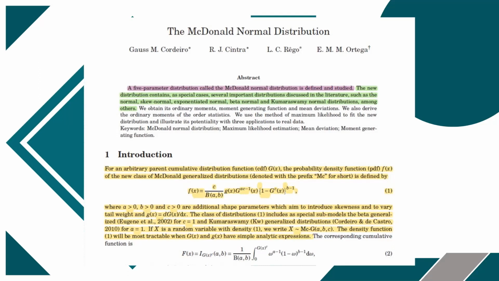The class of distributions includes special submodels, the beta generalized for c equal to 1 and Kumaraswamy generalized distributions for a equal to 1. If X is a random variable with density 1, we write X is equal to MG(a, b, c). The density function will be most tractable when G(x) and g(x) have simple analytical expressions.